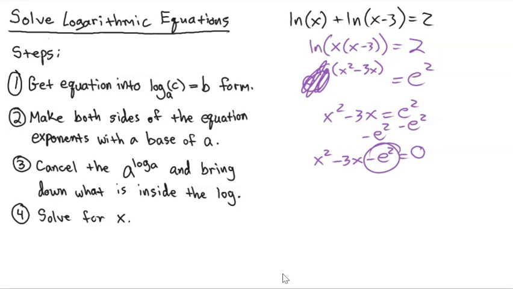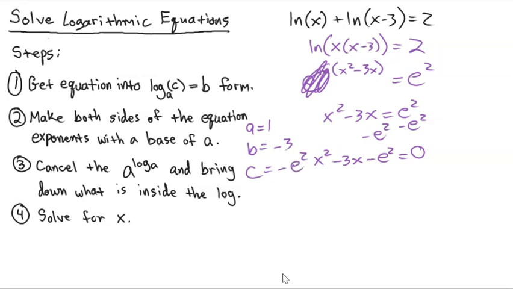the quadratic formula. Okay? So here we're going to say that a is equal to 1 because the coefficient of x squared is 1. b is equal to negative 3, and then c is equal to negative e squared, which is a little weird, but we can do it.